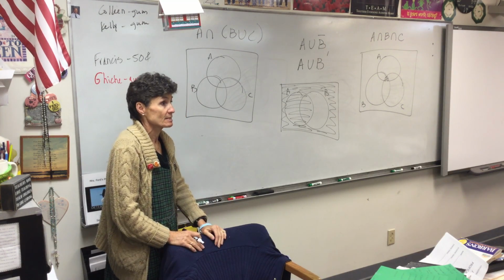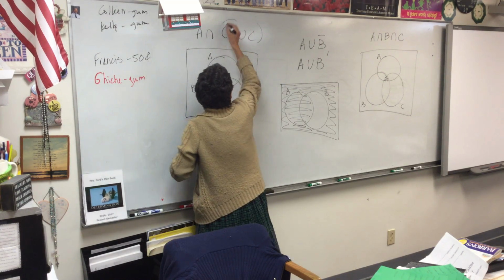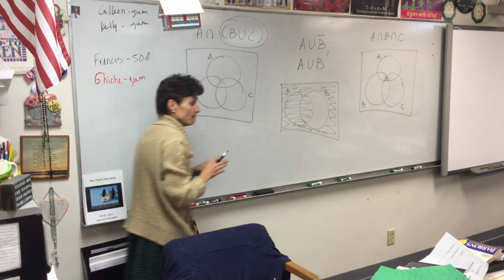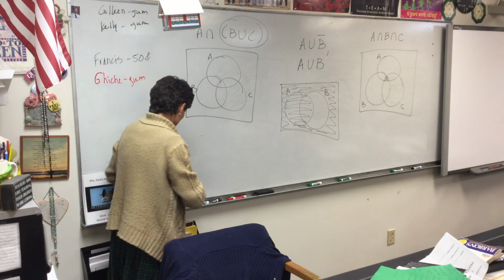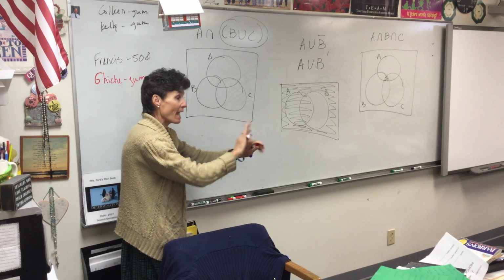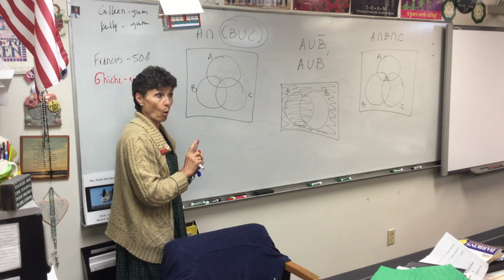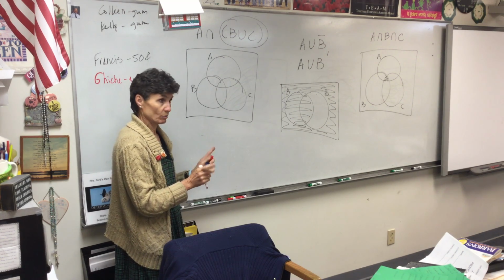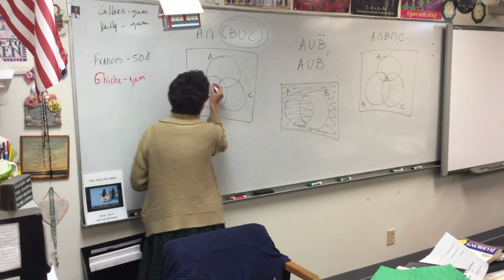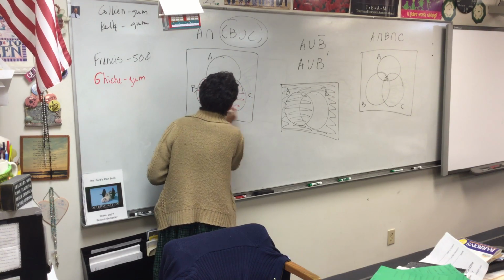We start in the parentheses. So forget that for a minute. Look at right here, just this part right here. What does that say? That's an or. So that means we want to color everything that's in circle B or circle C or both. That's everything. So everything in B or C or both.